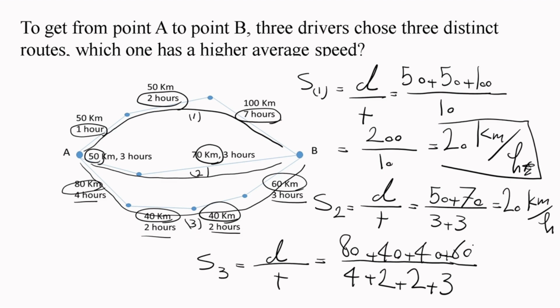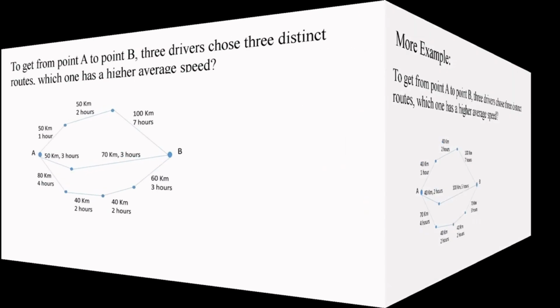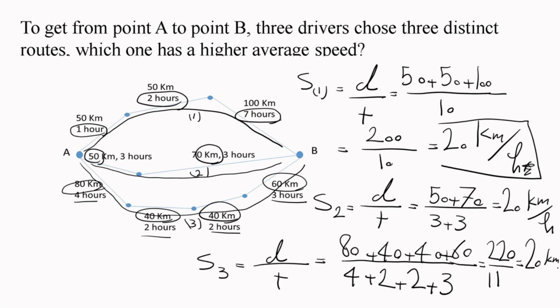So it's going to be 220 over 11. And the answer will be 20 kilometer per hour. 20 kilometer per hour again.